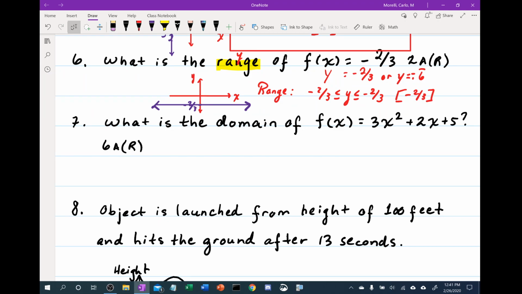What is the domain of f of x equals 3x squared plus 2x plus 5? What type of function is this? Quadratic. I want you to write this down. All quadratics have the same domain.